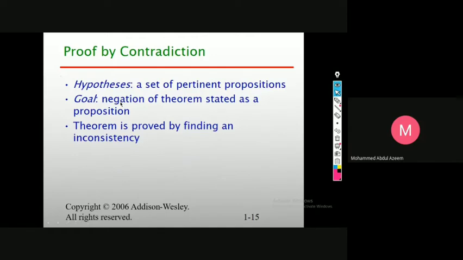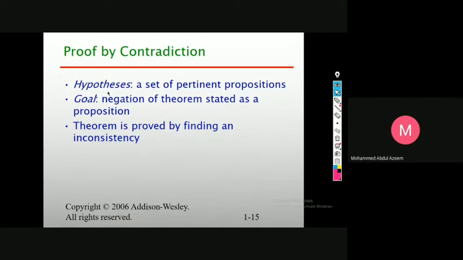Proof by contradiction. When probably let us say you have suggested a few things, but then the outcome of the same is exactly the reciprocal of it, or certain results do not coincide with the expected one.